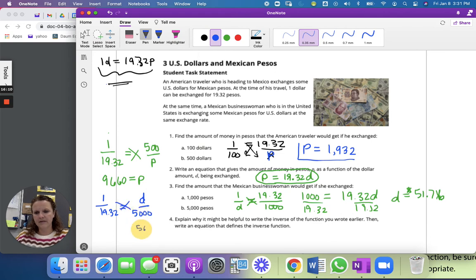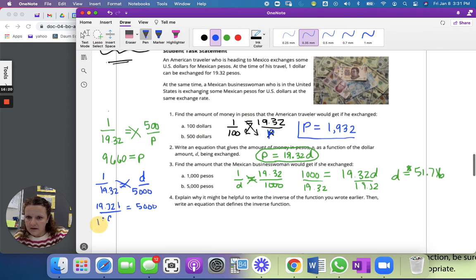I have 5,000 equals 19.32D. Divide both sides by 19.32. I have dollars equals $258.80.